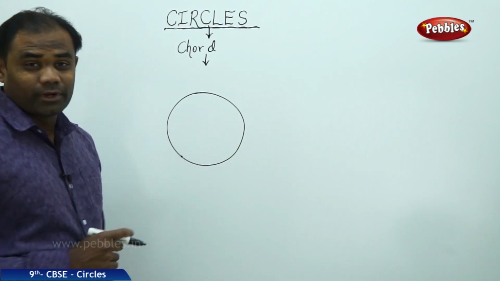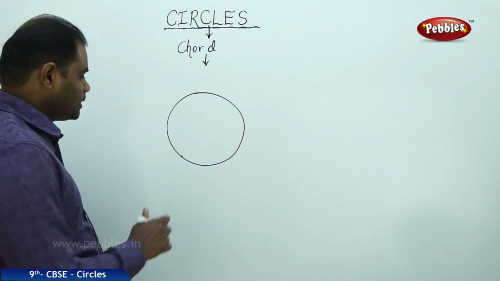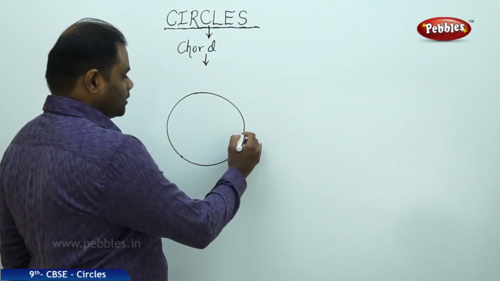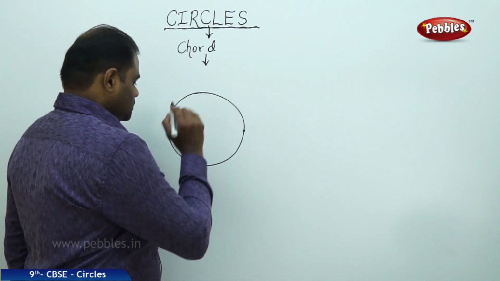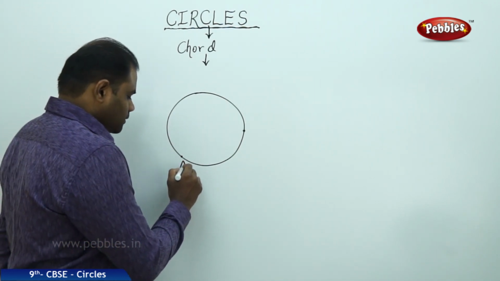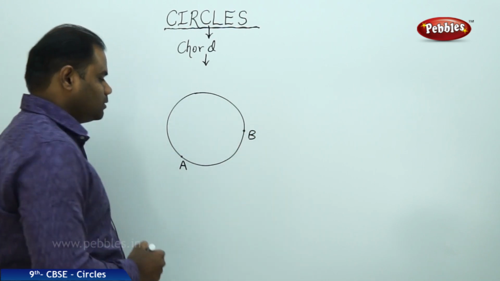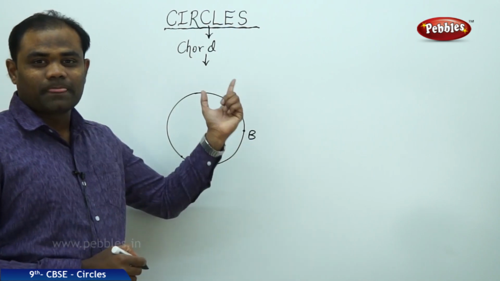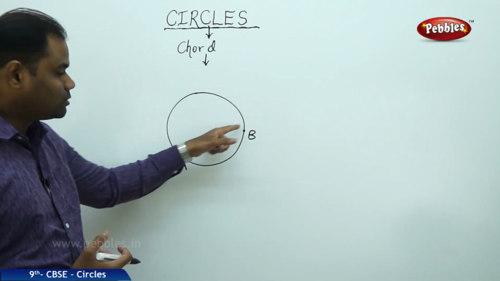I have to take 2 points which make the line segment on the circle. For example, I take a point here on the circle and I take another point out here on the circle. Now, this point on the circle is denoted by A and this point on the circle is denoted by B. So for these 2 points A and B on the circle, a chord is defined as the line segment joining any 2 points.